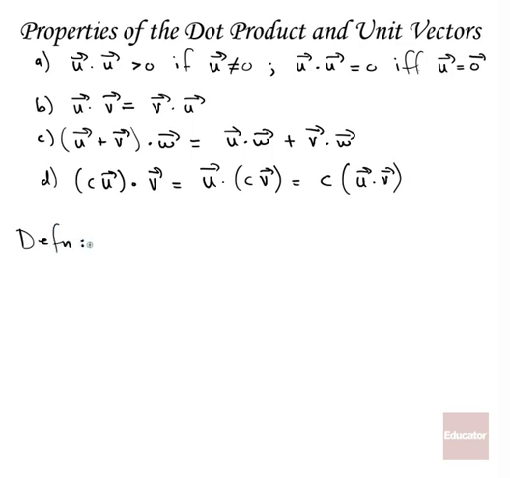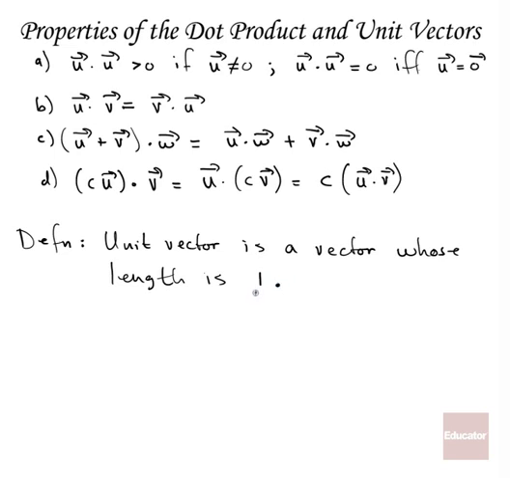Let us define a unit vector. A unit vector is a vector whose length is 1. That's it. A vector whose length is 1.